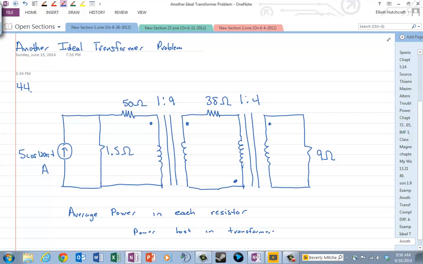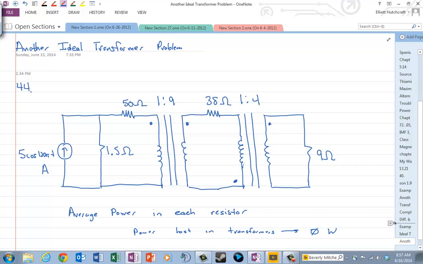And that's because these are ideal, 0 watts. So the only thing that's going to deliver power is the source, and the only things that are going to absorb power are the 1.5 ohm, 50 ohm, 38 ohm, and 9 ohm resistors. So, okay, that's one thing we should sort of notice.